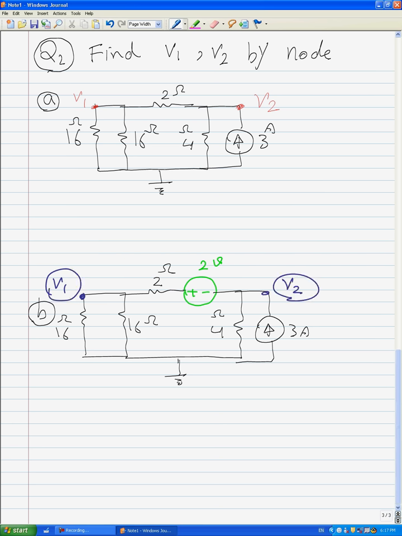Again, for part A, we don't need to consider a supernode.